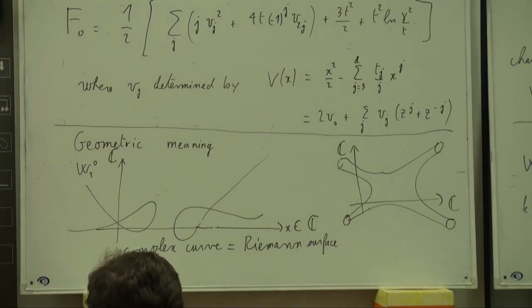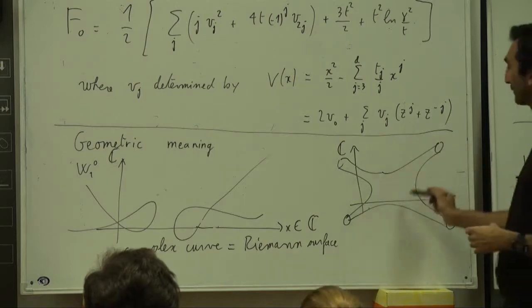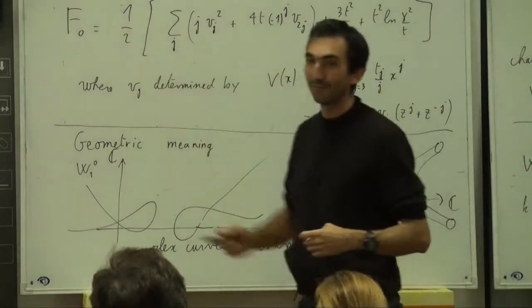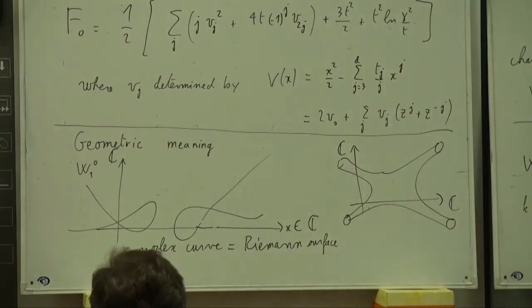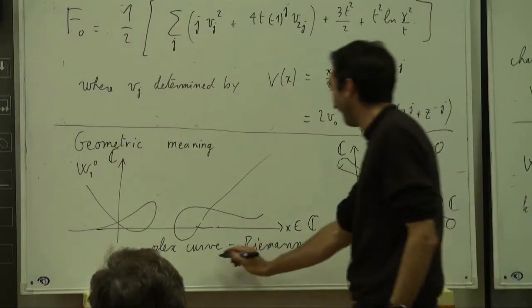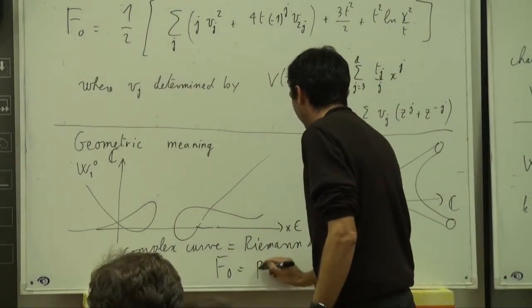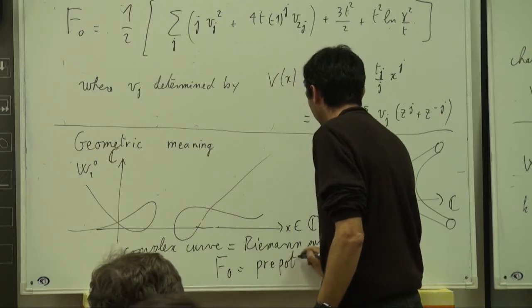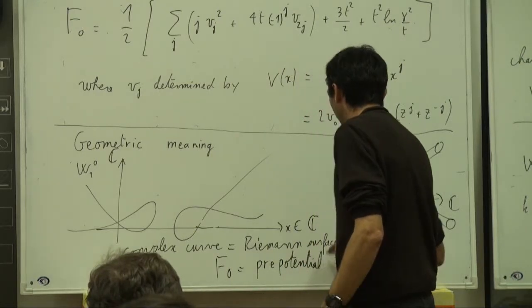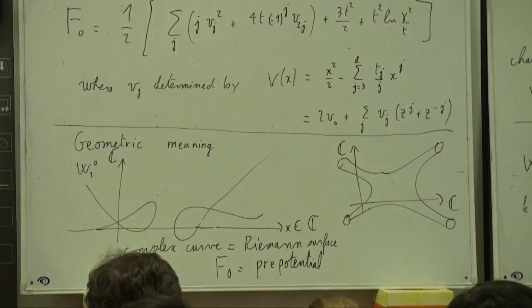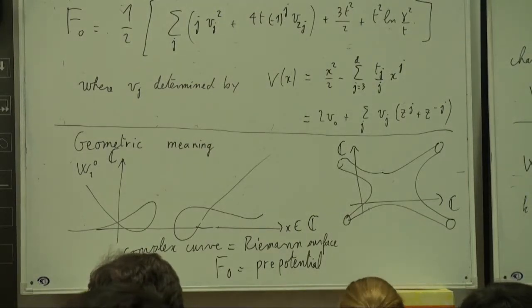And surfaces have some geometric invariants, and one of them is the prepotential. And it turns out that the prepotential of that surface is exactly F0. I will not enter the details of the definition, but this is a fact.